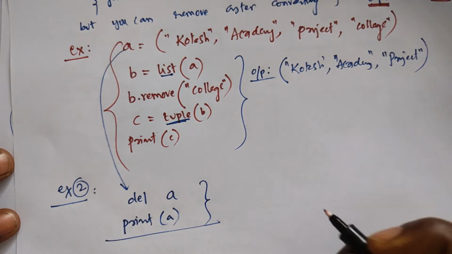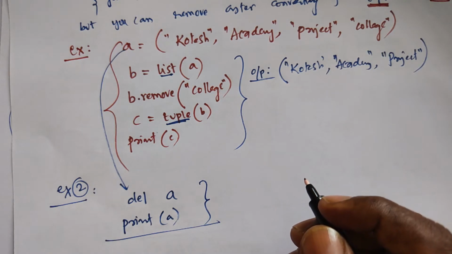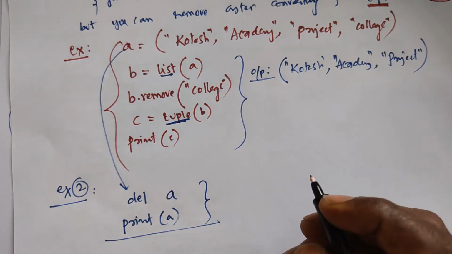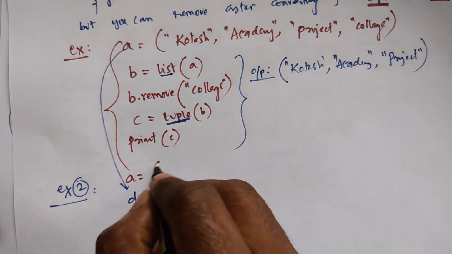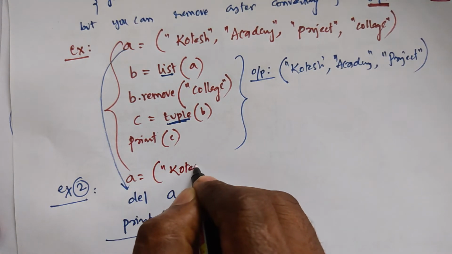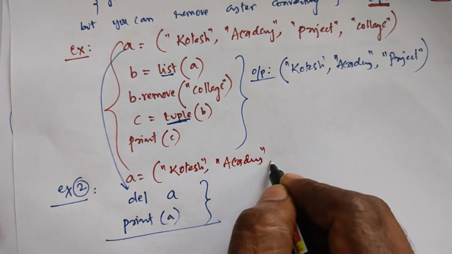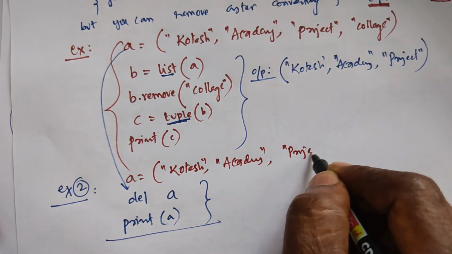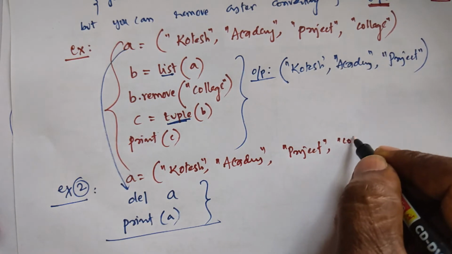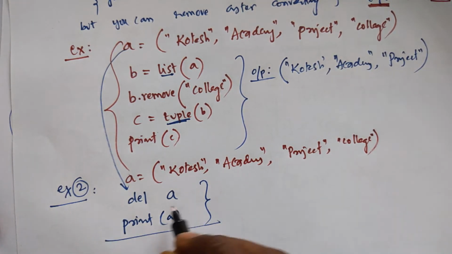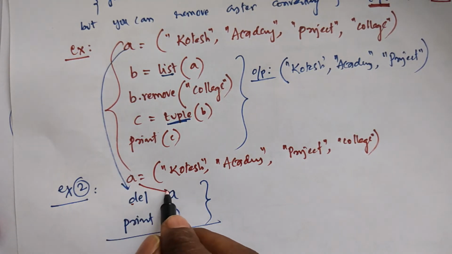You will get the result: this will raise an error because the tuple no longer exists. So simply you are taking a is equal to the same, Kotesh Academy and project and college. After using del a, that is removed.